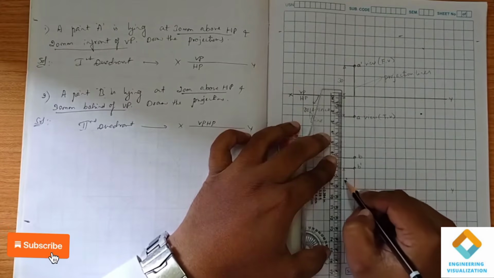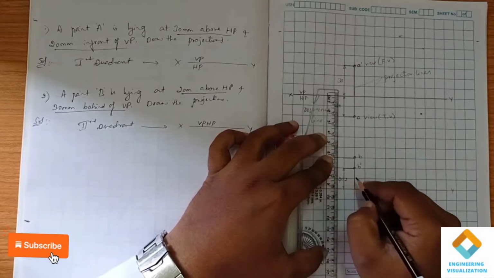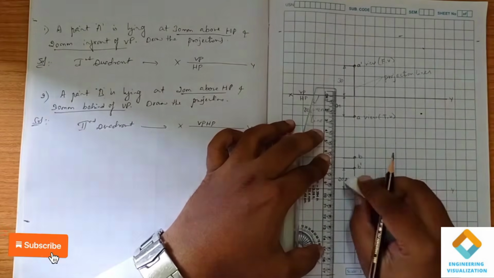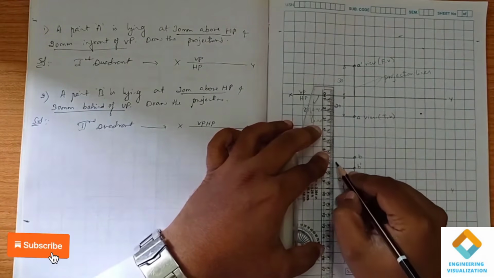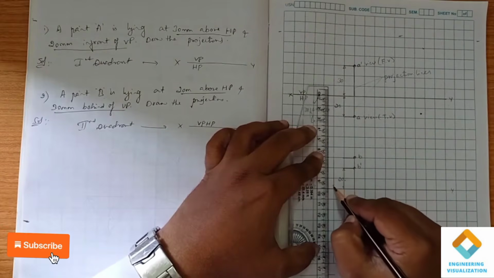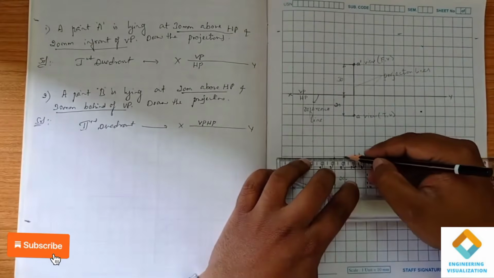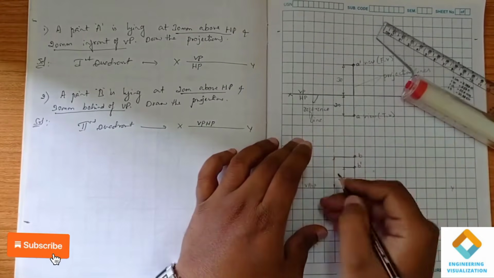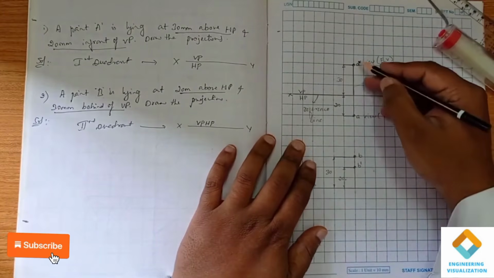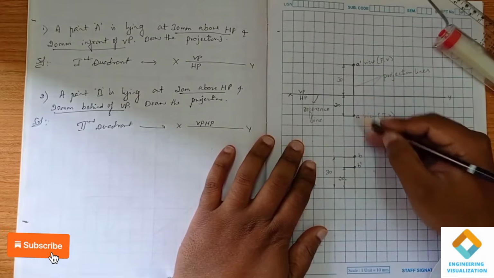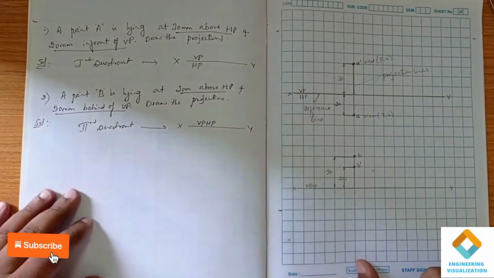So this is 20, and similarly this is 30. On the same collinear line we get the views, top view and front view. So we are done with the second problem also.